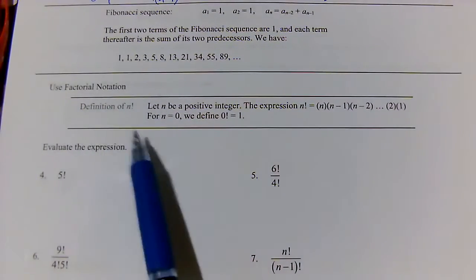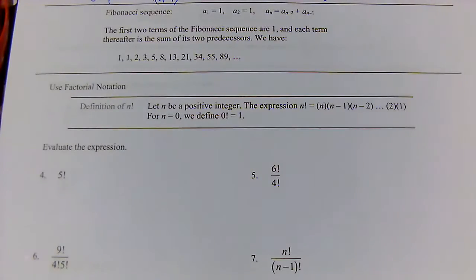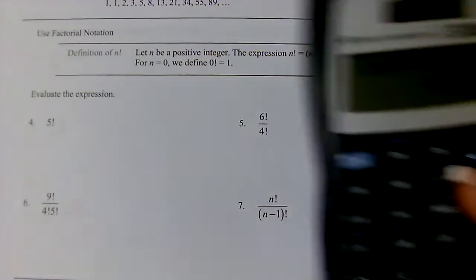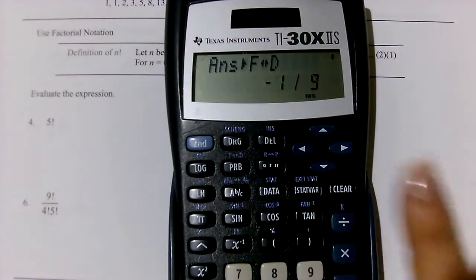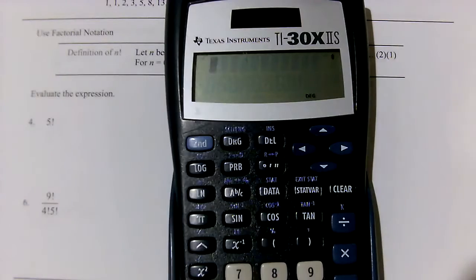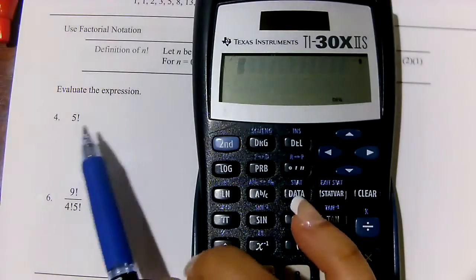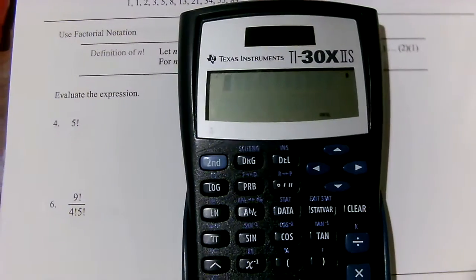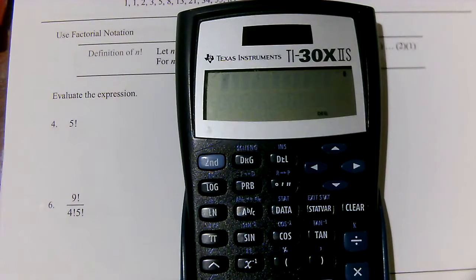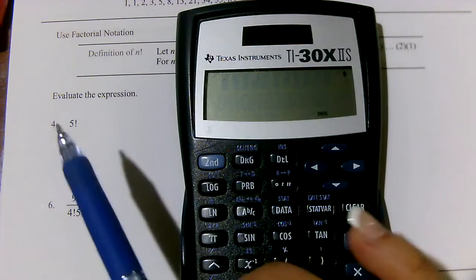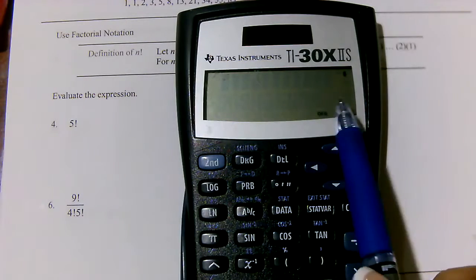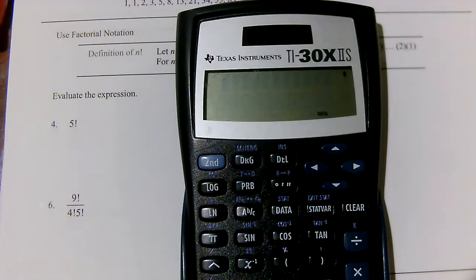Okay? We're going to go on to factorial notation. This is a really easy part. This shouldn't cause any problems whatsoever, but I'm going to show you where to get that on your calculator. These are called factorials right here. We use factorials a lot when we're doing statistics. It's for permutations and combinations and so forth. 5 factorial basically means 5 times 4 times 3 times 2 times 1.